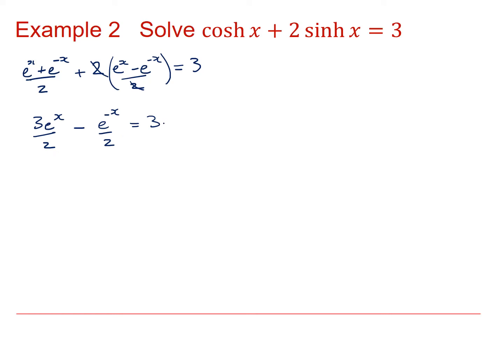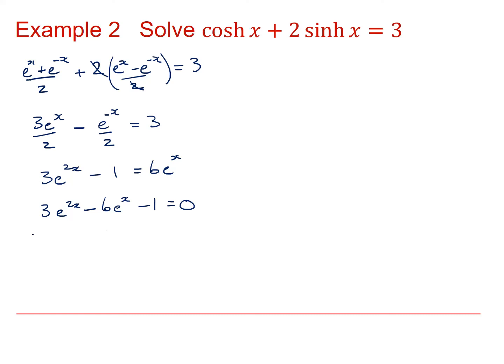Multiply through by 2 and e to the x, and I'm going to get 3 e to the 2x minus 1 is equal to 6 e to the x. And rearrange, I get 3 e to the 2x minus 6 e to the x minus 1 equals 0.